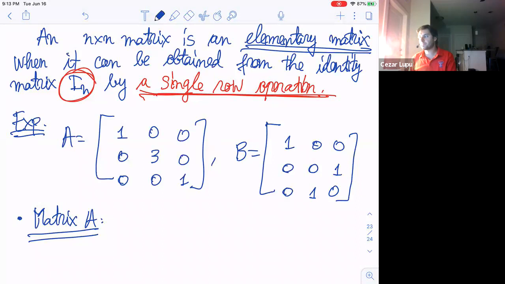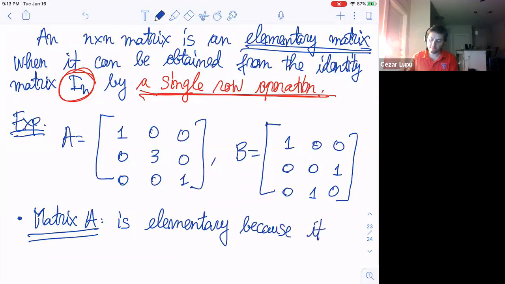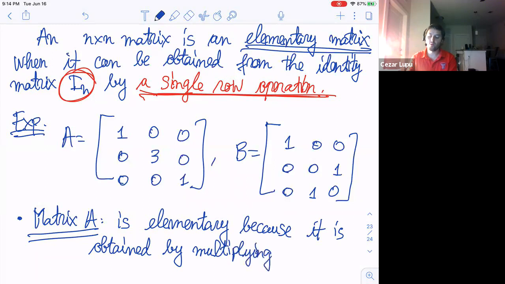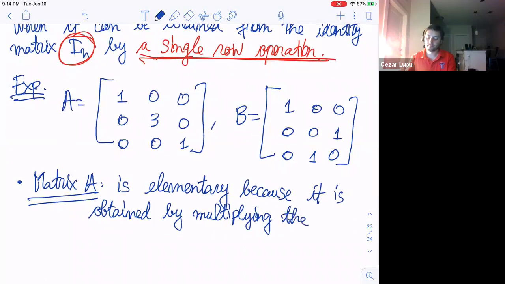So you multiply the second row by 3, and it is elementary. It is obtained by multiplying the second row by 3.